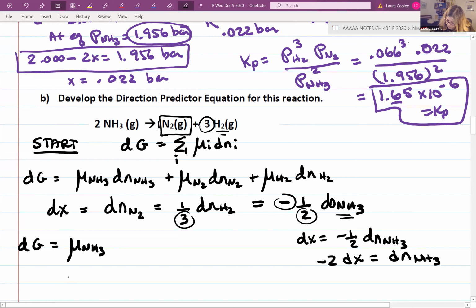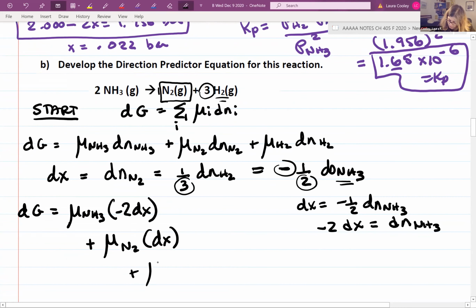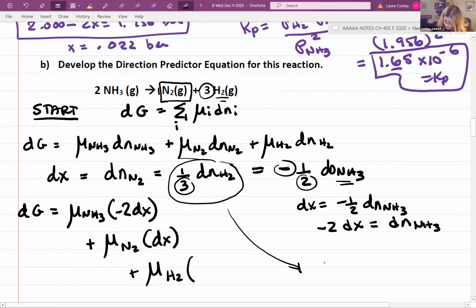So this is minus 2 mu NH3 dx, plus mu N2 dx. That's the easy one. Plus mu H2. So now we use this: 3 dx is dn H2.